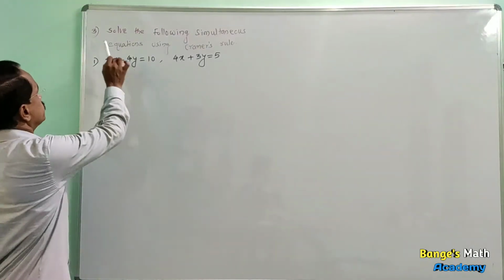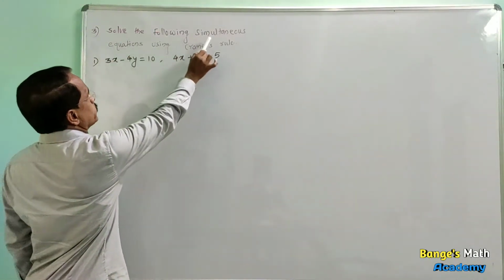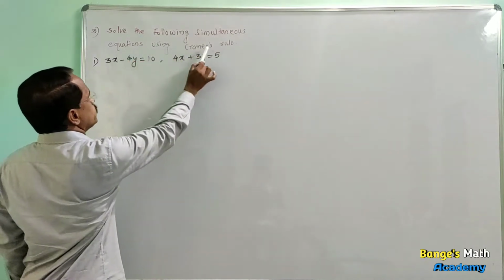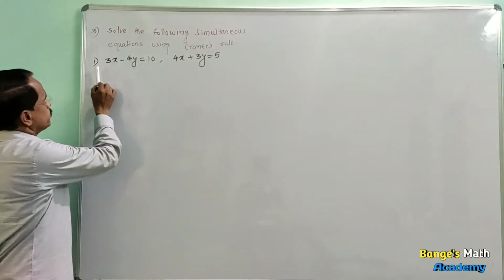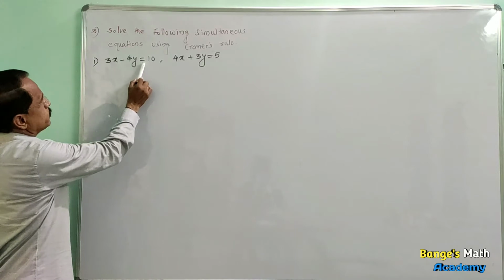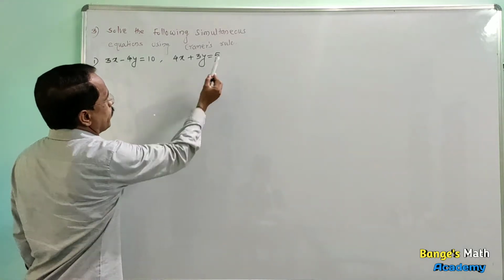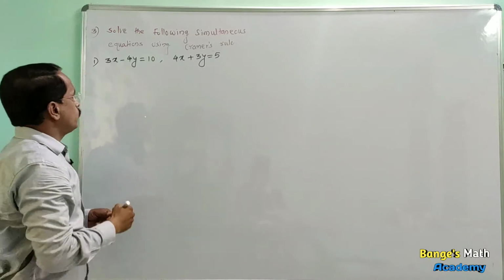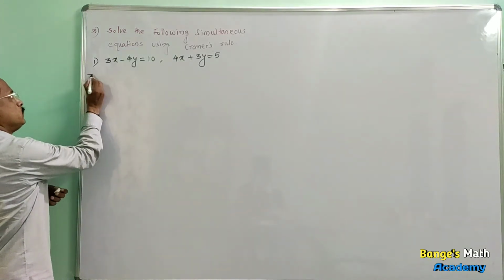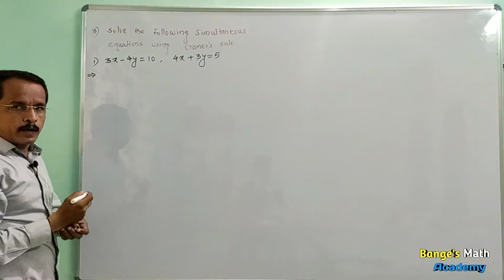See the third question. Solve the following simultaneous equations using Cramer's rule. First example: 3x minus 4y is equal to 10, 4x plus 3y is equal to 5. We have to solve these equations using Cramer's rule.